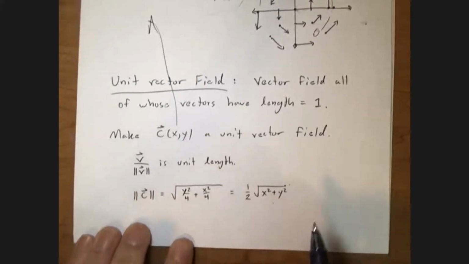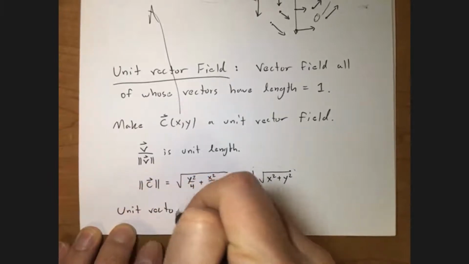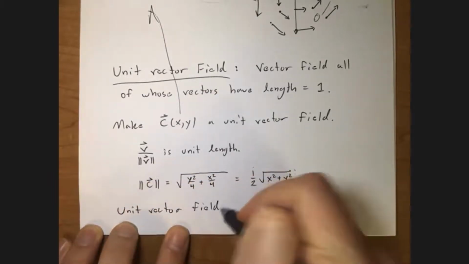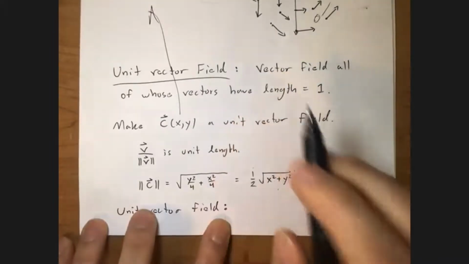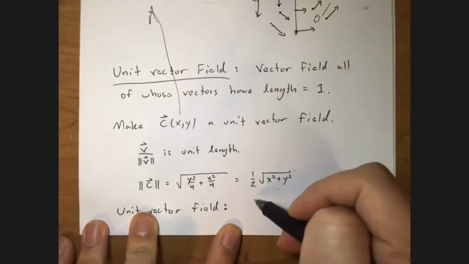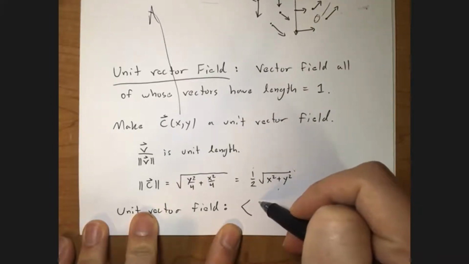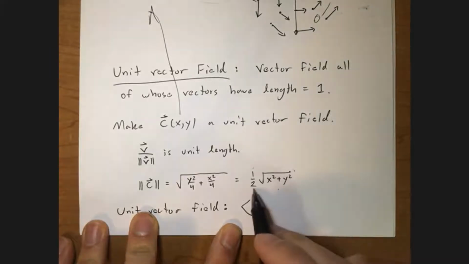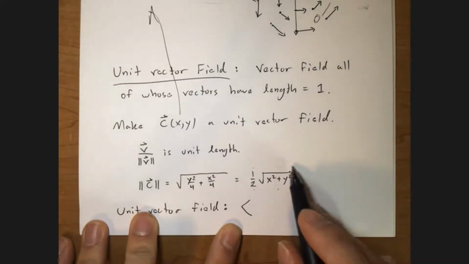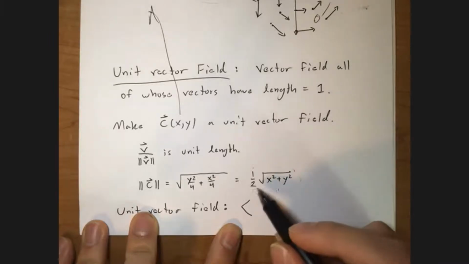So my new vector field would be the vector field that I had before. It was negative y over 2, but now I'm going to divide by this, right? So I'm dividing by 2.